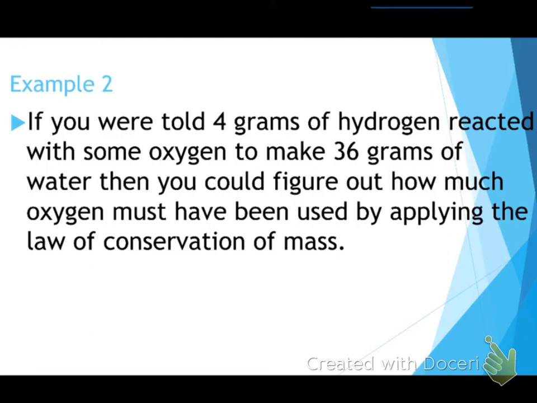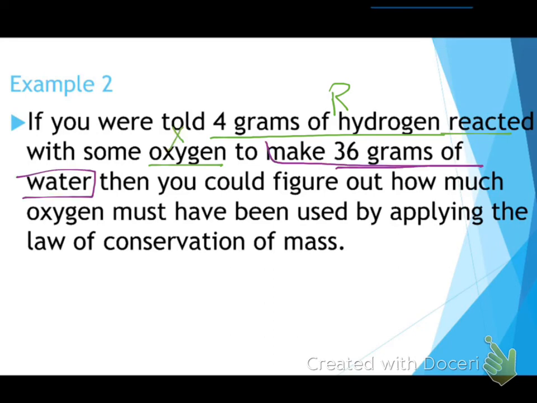Alright, so here's your second example. If you were told 4 grams of hydrogen reacted with some oxygen to make 36 grams of water, then you could figure out how much oxygen was used. So we've got 4 grams of hydrogen, that's a reactant, and then it was mixed with some amount of oxygen, we don't know how much, so that's like X. And we made 36 grams of water, so that was our product.